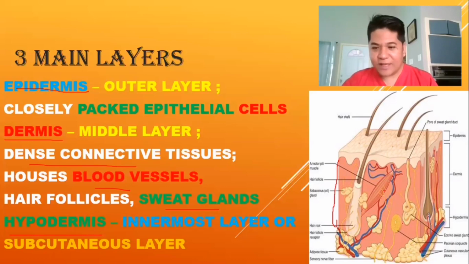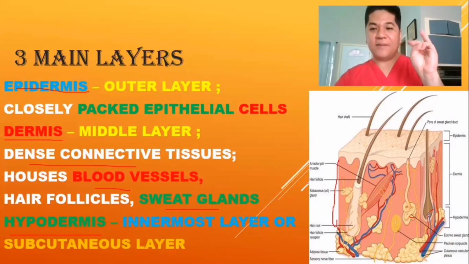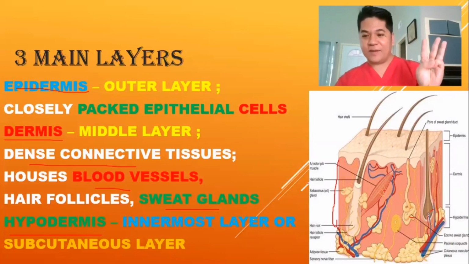Your sweat glands and sebaceous glands are here. The hair follicles are here on the dermis. And the hypodermis is the innermost layer, the subcutaneous layer, and beneath that is your adipose tissue. So we have three layers: the epidermis, the dermis, and the hypodermis.